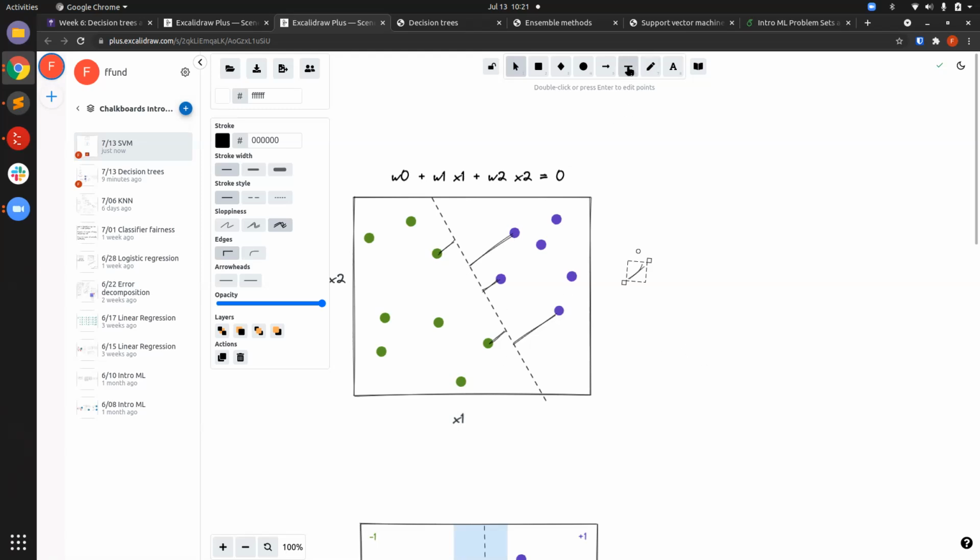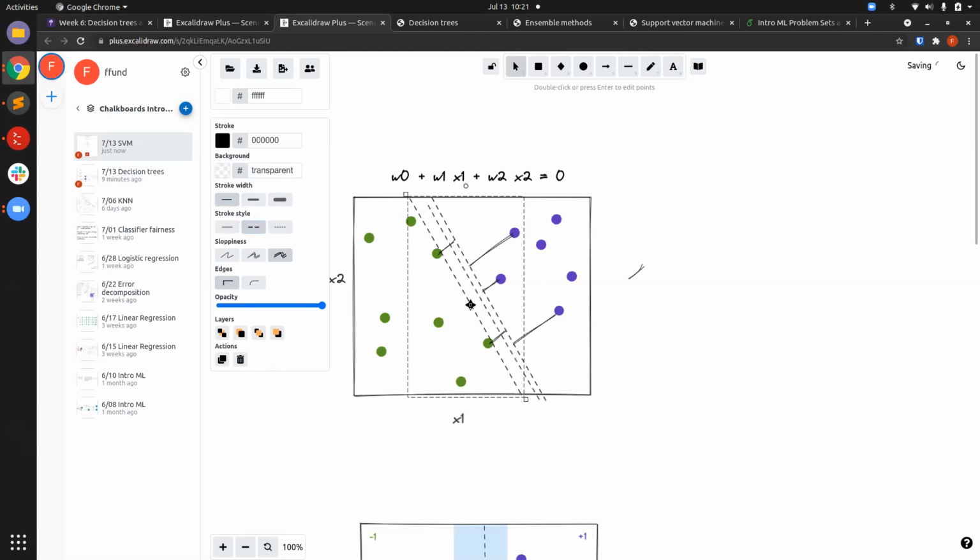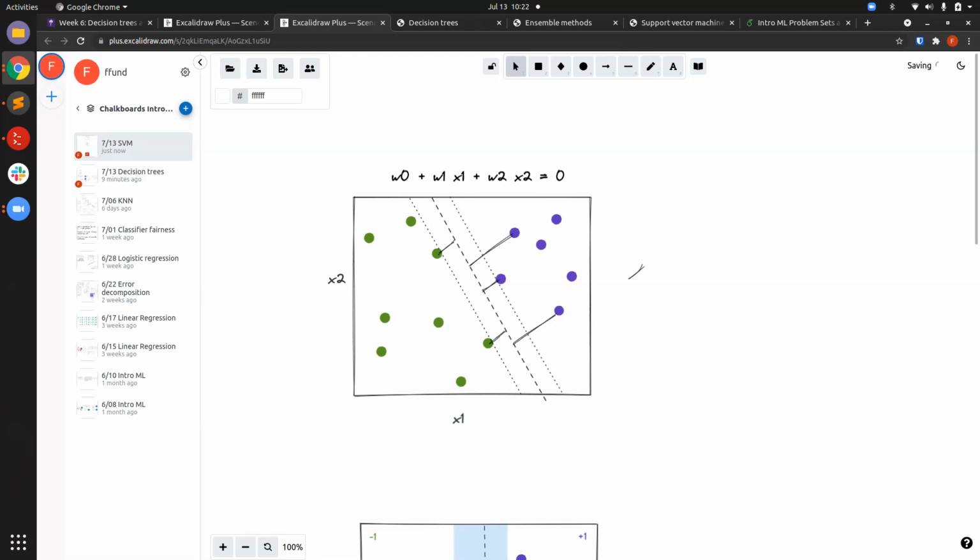What does that mean? It means that I could take this slab. Let's make this a dotted one. I can draw a rectangle like this that's empty in the middle. And we're going to choose a hyperplane that maximizes how wide this slab is, so it maximizes the margin.